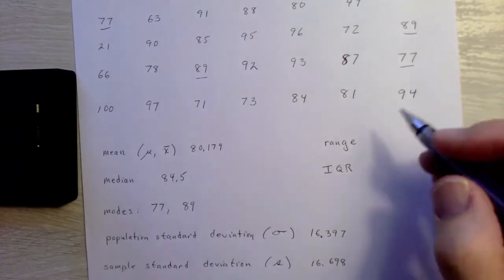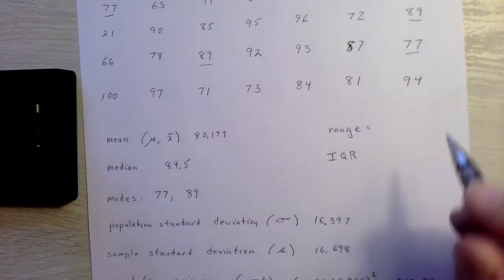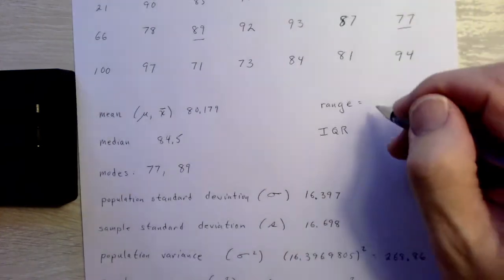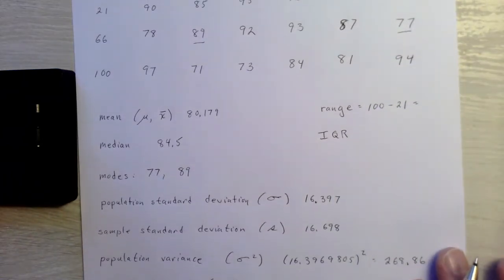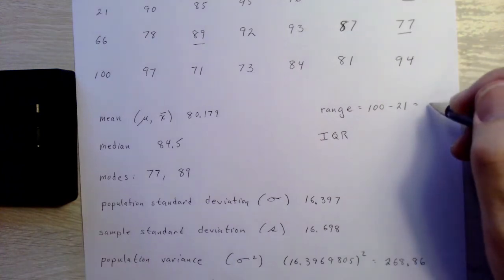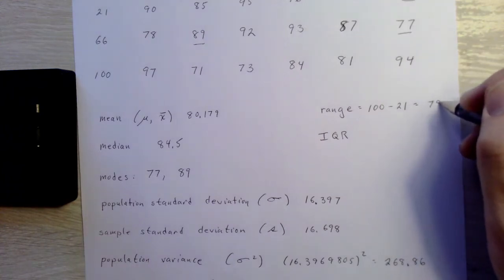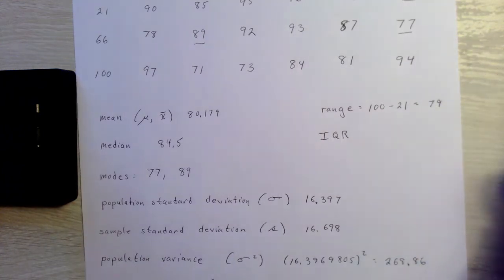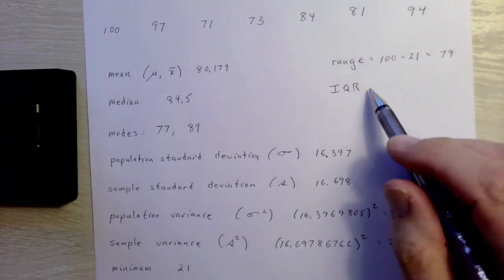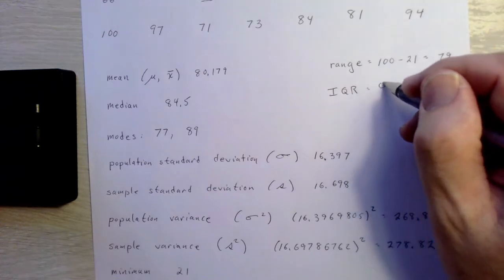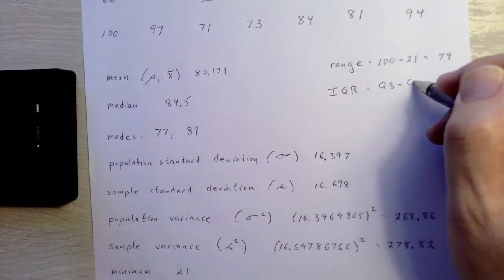And then finally, the range, of course, is the max minus the min. That's going to be 100 minus 21, which should be 79. And the IQR, remember what this is: Q3 minus Q1.